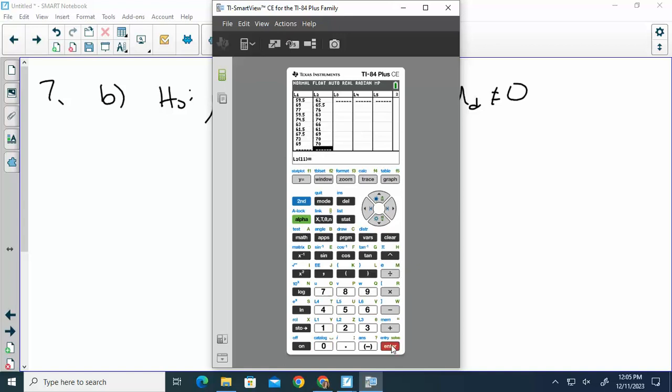And then, since we're dealing with matched pairs, what do we do? L1 versus L2. Right. You go to the third list, L1 minus L2.